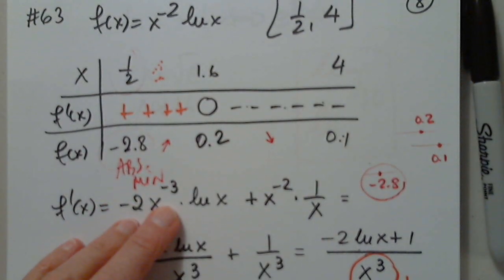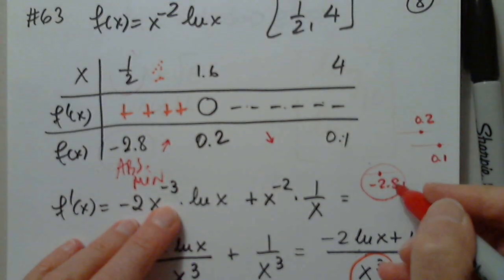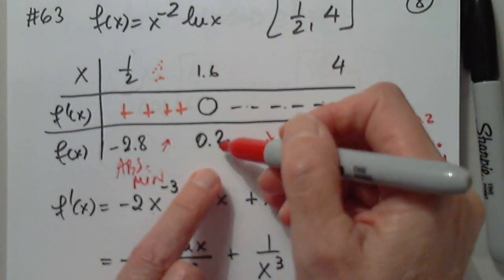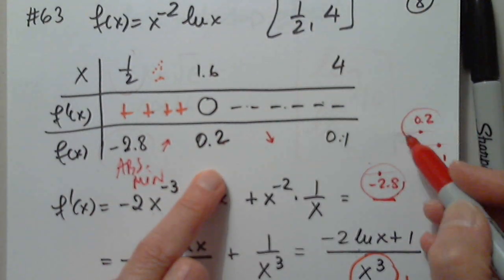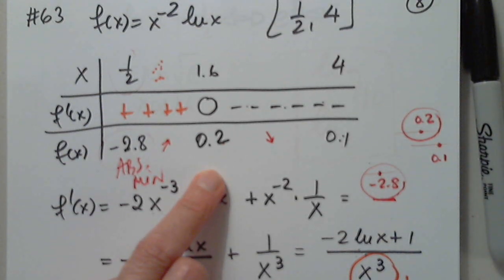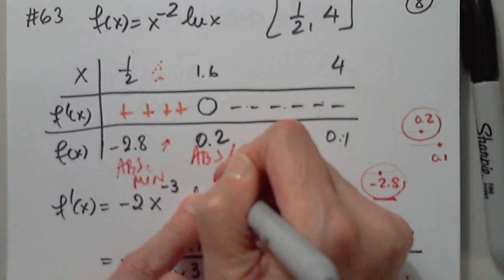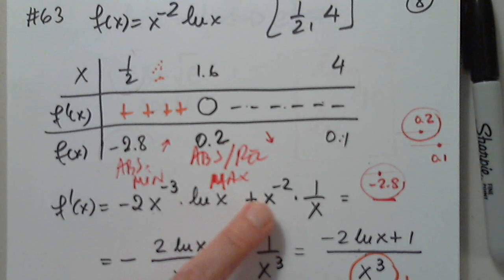Is it a relative? No, because we don't know what's on the other side. Because it's at the end point of the interval. Awesome. 1.6, 0.2. This one. What type of point is that? Absolute and relative max? Yes. Absolute and relative max. Awesome.